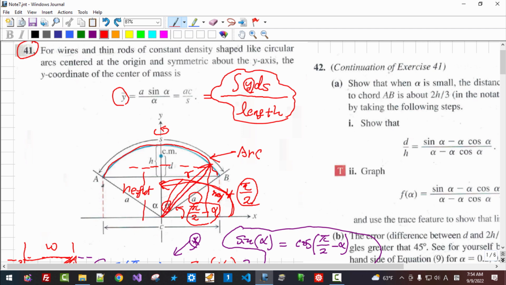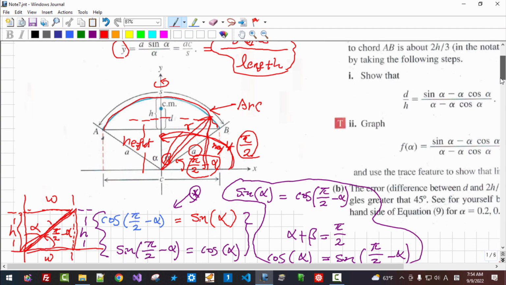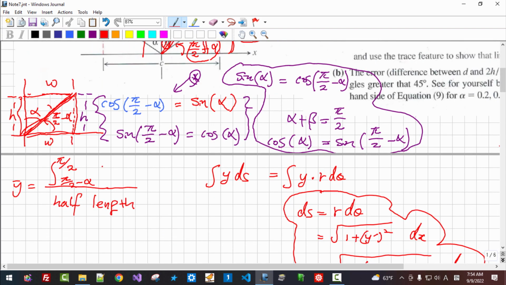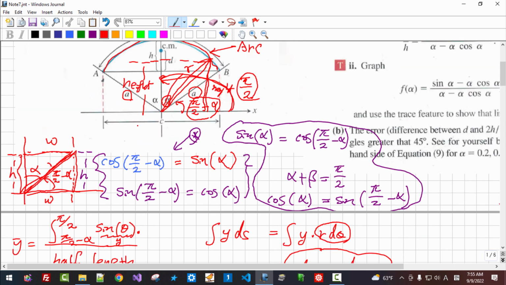This height can be computed using sine. It can be sine theta. This represents y. We need r d theta. r is a. So a d theta. This is ds.